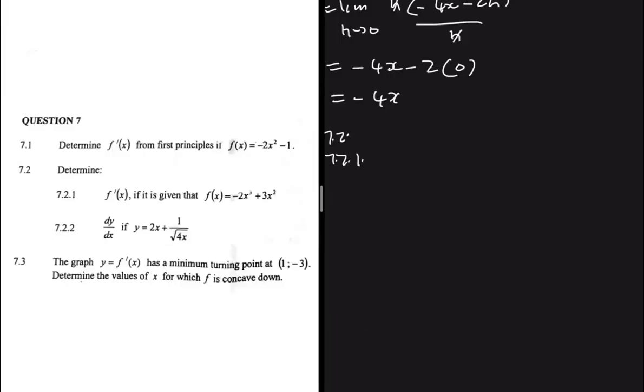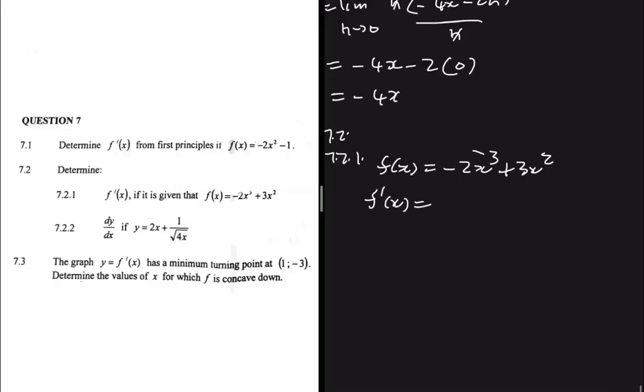7.2.1. We have f of x, which is equal to minus 2x to the 3 plus 3x squared. We want the derivative using, we're not told what to use, right? So we can just use the power rule, the faster method, right? So if we say f prime of x, we're gonna get the exponent multiplied by the base, and then we subtract 1, right?